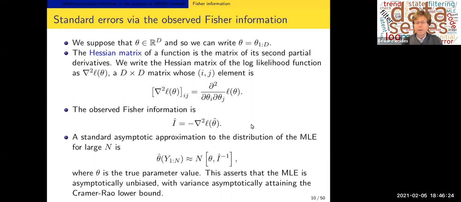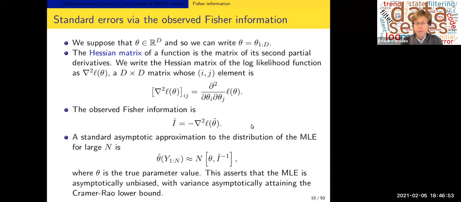And then a standard asymptotic approximation to the distribution of the MLE is that theta hat of y1 through n, that's when you apply the maximum likelihood estimator to a draw from the probability model, the estimate should be roughly unbiased and have variance roughly I inverse. And this is where theta is the true value.